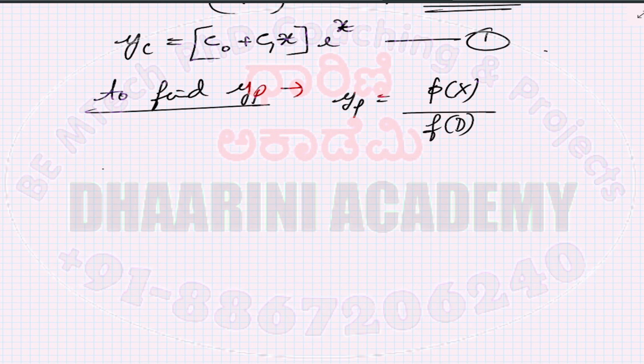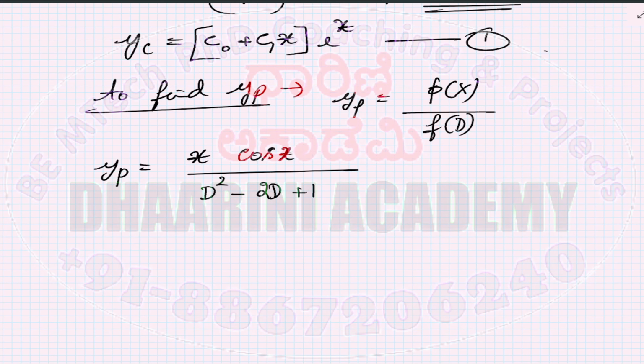So in this case, we observe that the yp is equal to x into cos x whole divided by f of d, which is nothing but d square minus 2d plus 1.